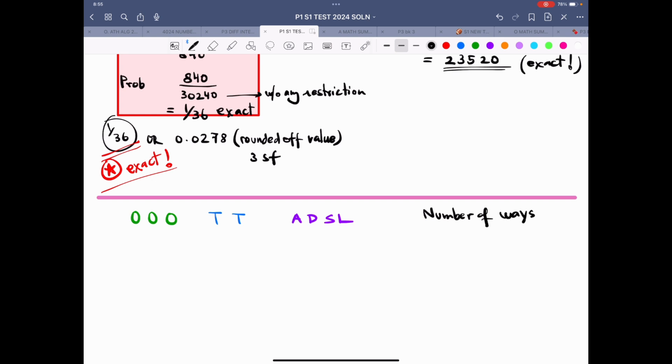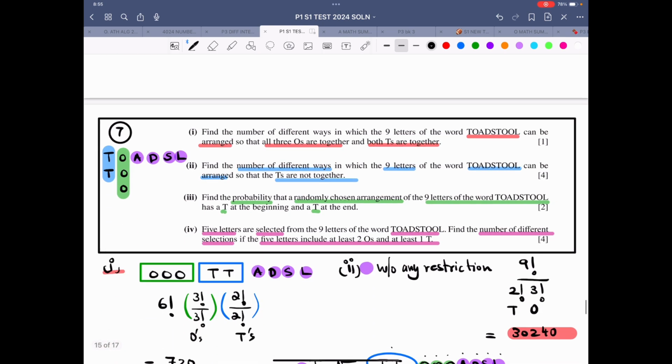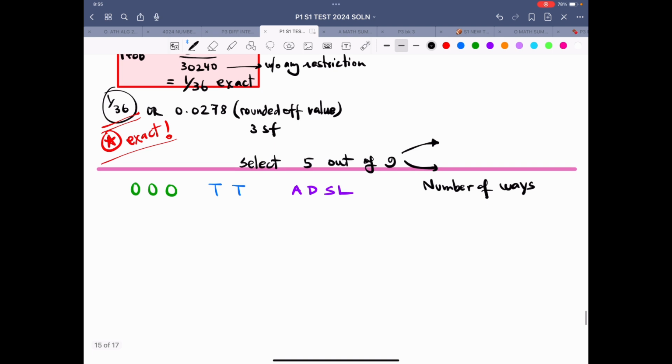And we are selecting 5 out of 9, but what is the restriction? The restrictions are 2. That is at least 2 O's and at least 1 T.